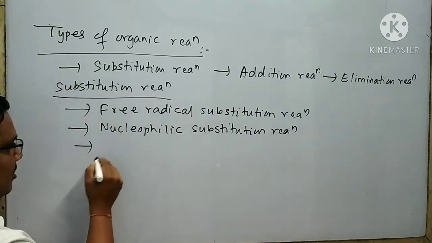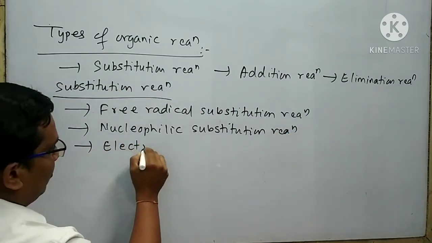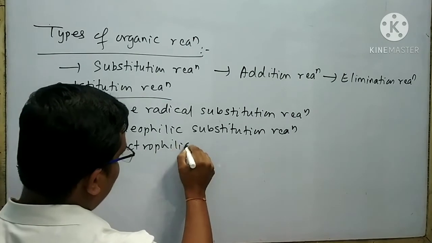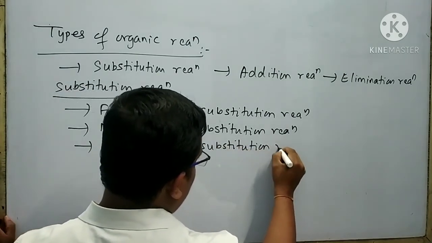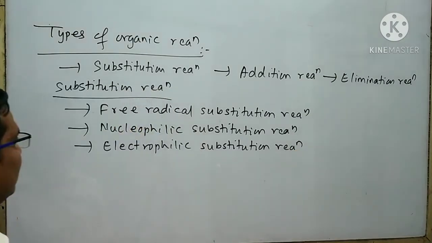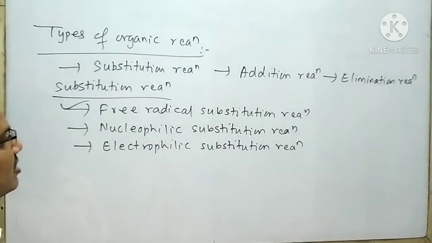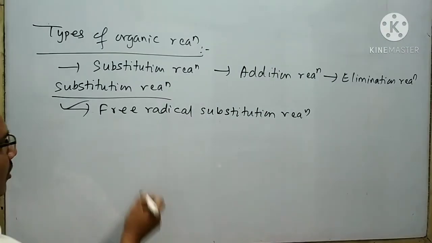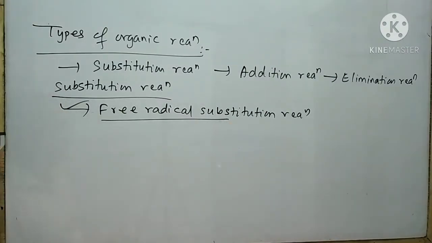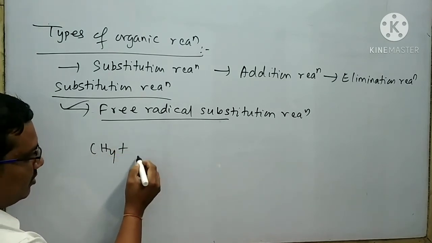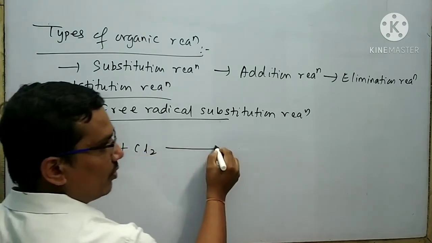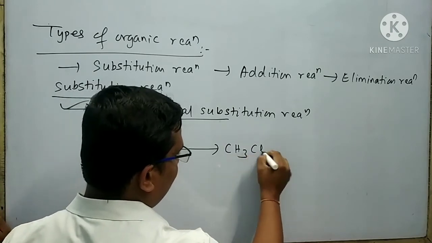Number three is electrophilic substitution reaction. At first I will discuss the free radical substitution reaction. Suppose we take an example of a free radical substitution reaction: CH4 plus Cl2 gives CH3Cl plus HCl.